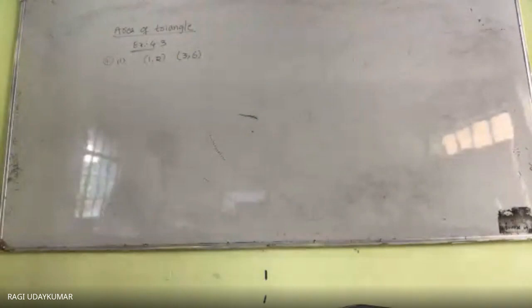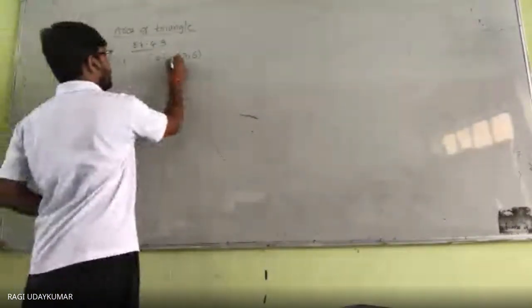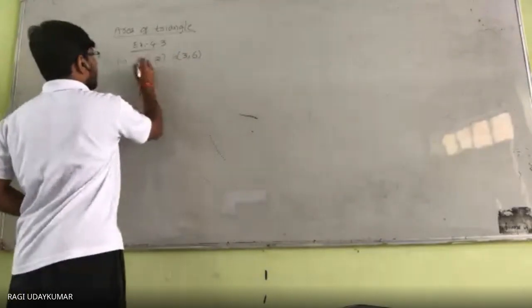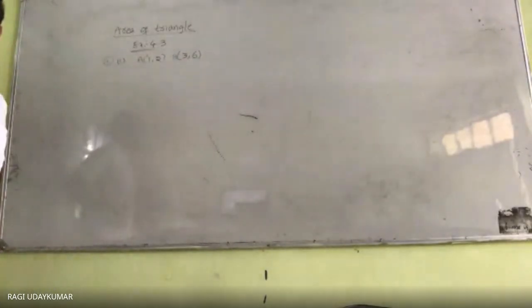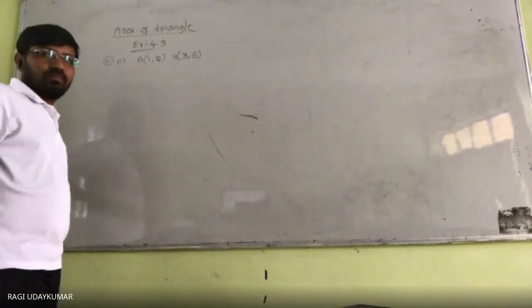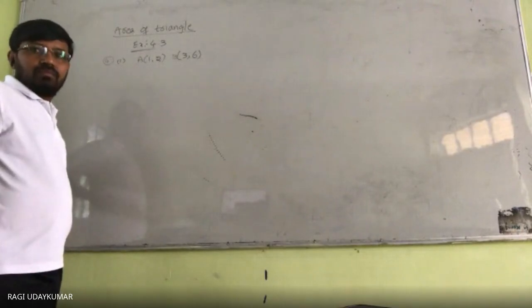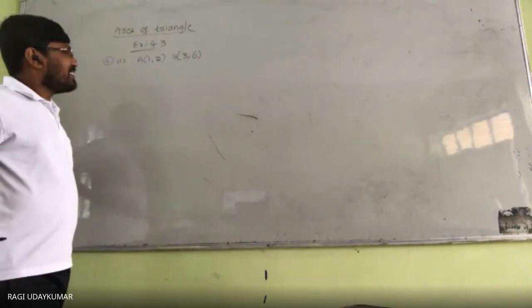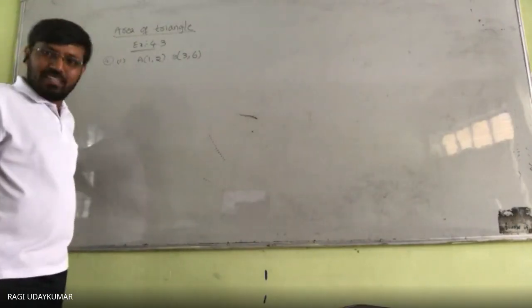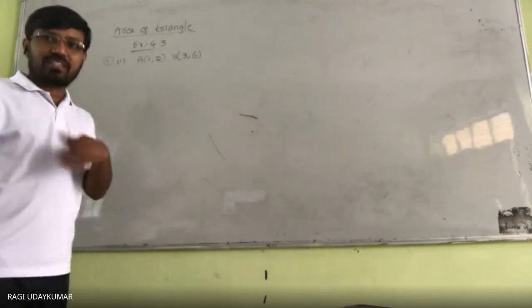Can you say the line passing through these 2 points without calculation? Consider this as A, consider this as B. So y is equal to 2x. That's all. We'll get y is equal to 2x.